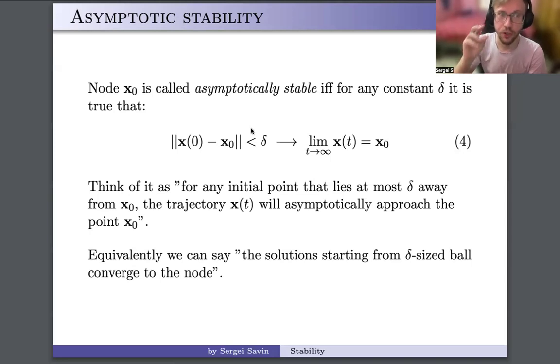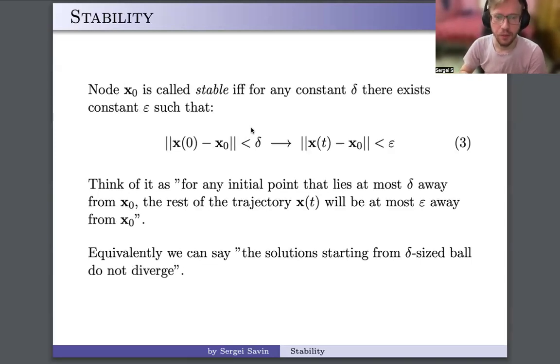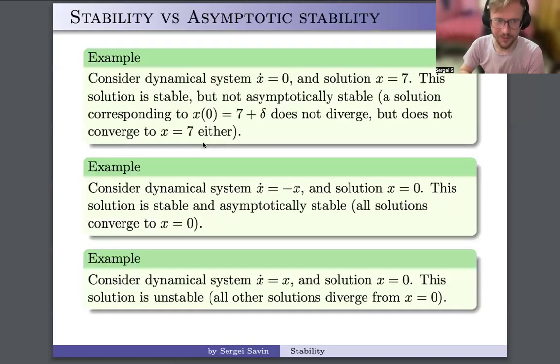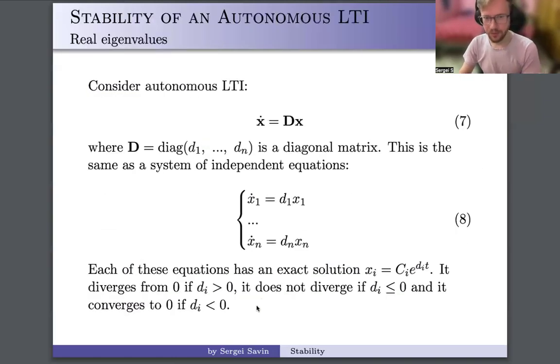It means that you converge. So marginally stable, you do not diverge. You can converge, or you can just stay still, or do something but not blow up. That is marginal stability. Asymptotic stability means you converge to the solution. Make sense?